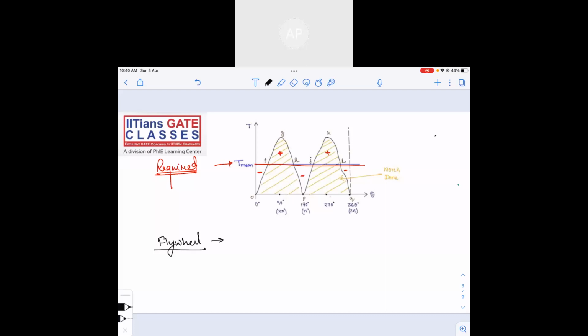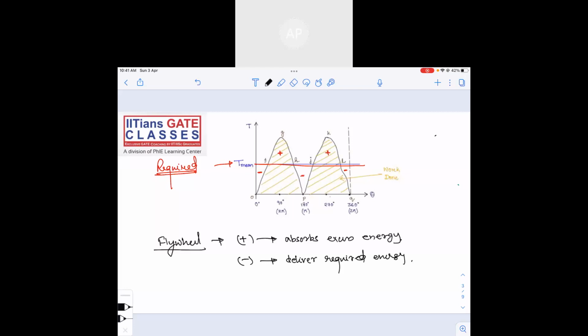Whenever there is excess, positive energy, the flywheel will absorb it, and whenever there is a deficit, whenever the energy is below the requirement, the flywheel will deliver the required energy.